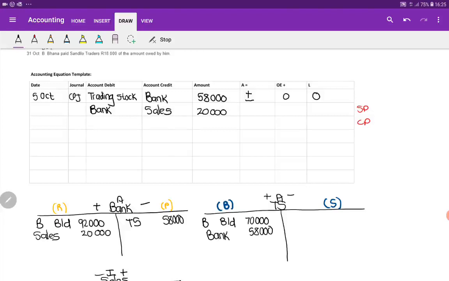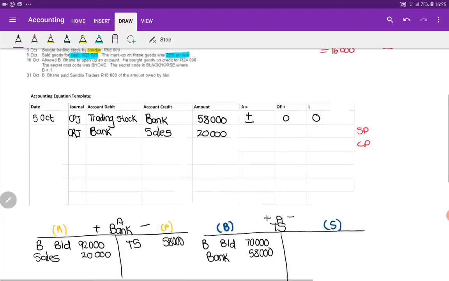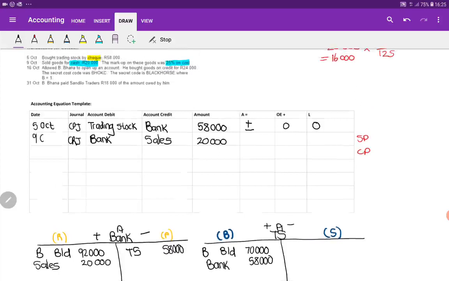Because this is a cash transaction, it will be recorded in the cash receipts journal. The transaction happened on the 9th of October. Bank is an asset. Our assets will increase. Sales is an income. It will have a positive effect on our owner's equity. Nothing happened with your liabilities.